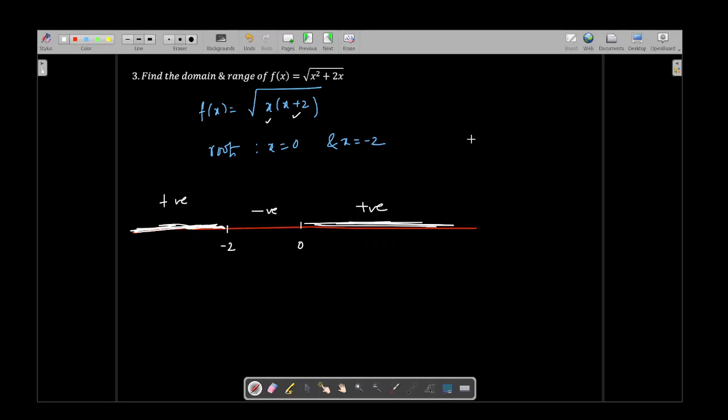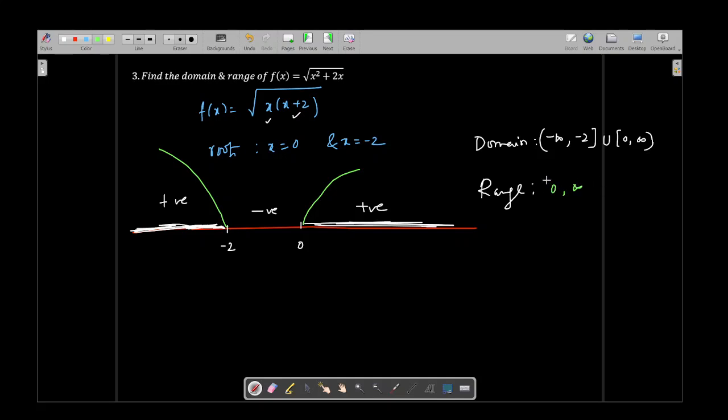So the domain is minus infinity to minus 2 included, union 0 to infinity. And the range is, whenever it touches the x-axis, it always goes like this. So the range is 0 to infinity.